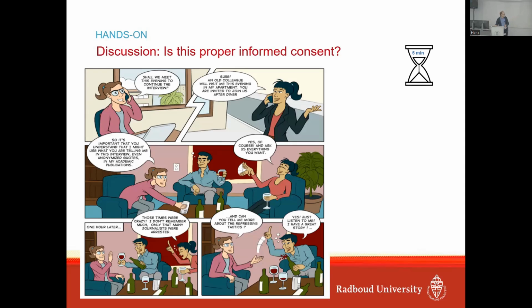And then what happens is that there's nothing written down, it's just by telephone, and there's someone else present, a third person, and this person is talking freely about all kinds of personal stuff, and it's all being recorded, and they are drinking a lot, so the lips get loosened a bit better, and they say more than they would say otherwise. And you can imagine that many principles of what was ethically correct, but also in the sense of GDPR of what's correct data collection formed by informed consent, are violated here.